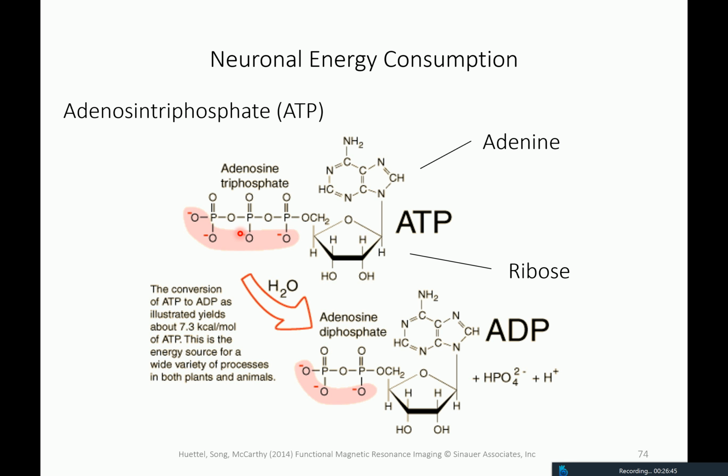It's called triphosphate because in this version it has three phosphates, and the bonds between two phosphates are quite energy rich. So if one of them is split off, energy is released. And to create ATP from ADP costs energy. So it's kind of the energy Bitcoin, the energy currency of living things.